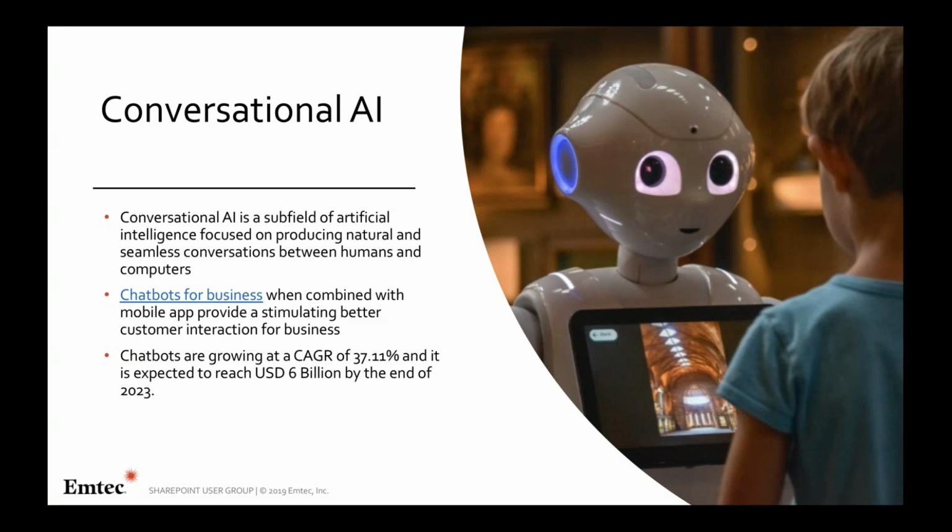Chatbots, or specifically conversational AI, is a subfield of artificial intelligence which focuses on seamless conversation that is more natural to the user, where the computer interprets that and reacts to the user in a form the person would understand, right? It's growing at a massive pace. The growth rate on chatbots is literally close to 40% compounded annually, and is expected to reach a $6 billion USD market by 2023, right?